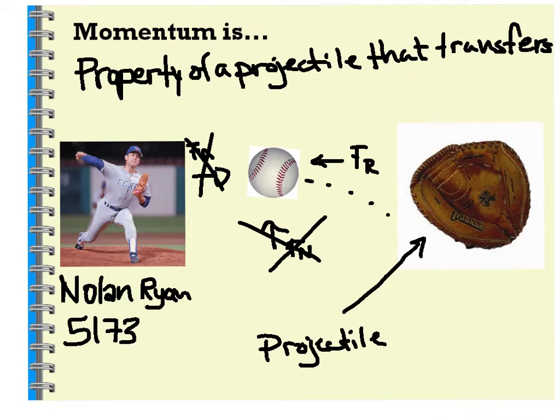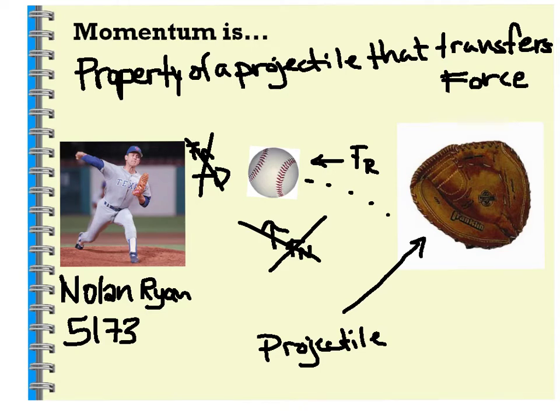Transfers force. So if you want to apply a force to something from far away, like I'm sitting here in 209 right now, and I want to shut the light switch off, I can pick up a ball and hurl it at the light switch, and perhaps I'll be able to apply the force to the light switch and shut the lights off.